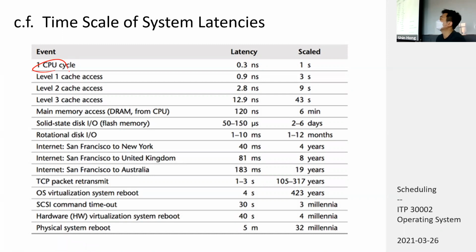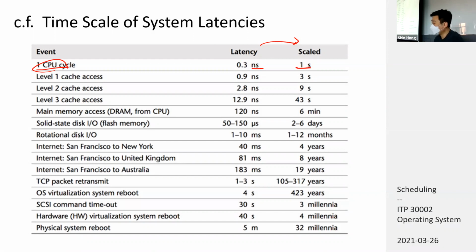CPU cycle time means the time for the CPU to execute one instruction, compared with other operations of a computer, including I/O operation. One CPU cycle is 0.3 nanosecond. But as human beings, a nanosecond doesn't come to us directly, right? So people just scale this up: why don't we say one CPU cycle takes 1 second, and rescale all the other times as well.